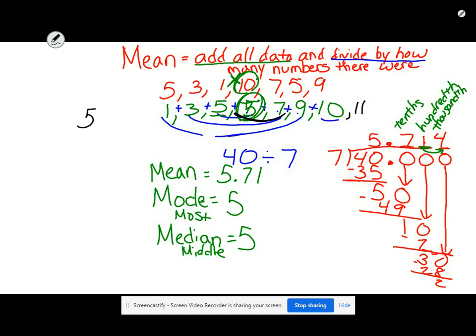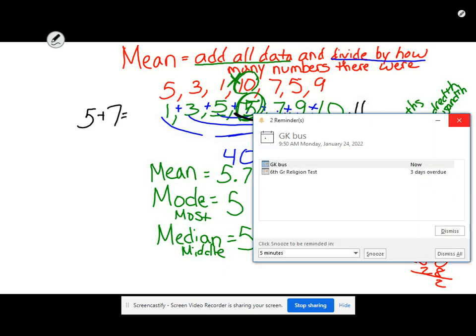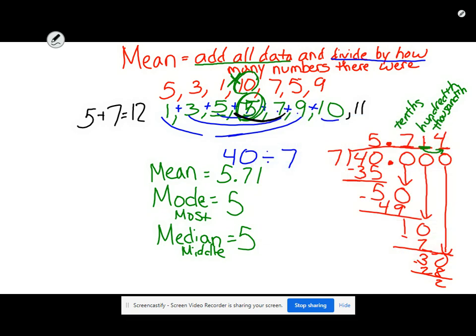So we have 5 and 7. That equals 12. And then I need to divide it by how many numbers? There are 2 numbers. So I divide by 2. What do I get? 6. Even though 6 is not a number that was in our list, that is our median number.